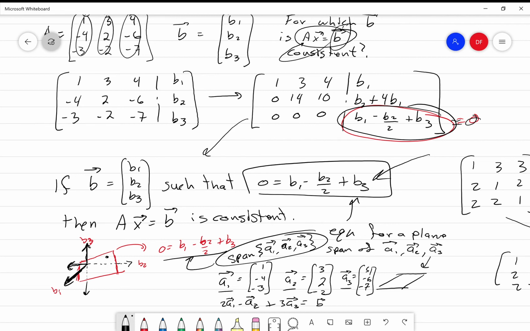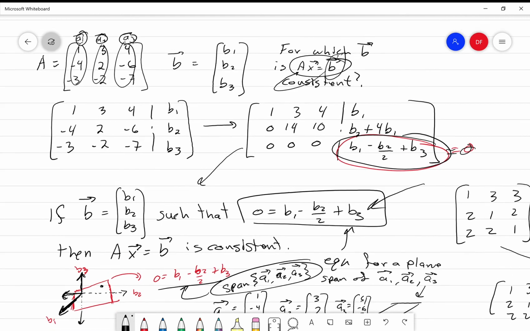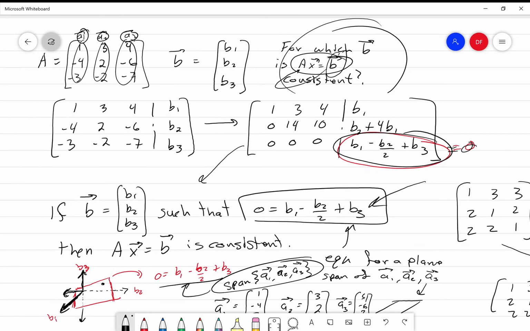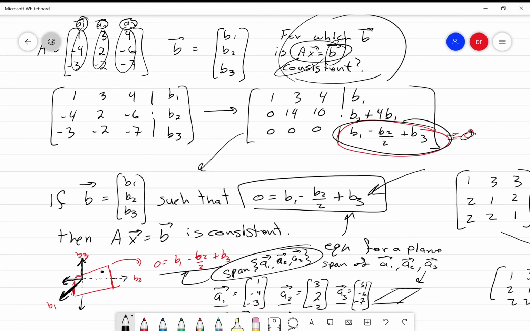You understand? If you don't understand that part, then you don't have to worry about it. You won't be tested on the geometric interpretation of this question here. But I thought that it was interesting, and so I felt compelled to include it here.